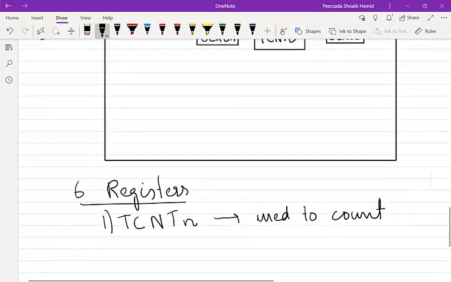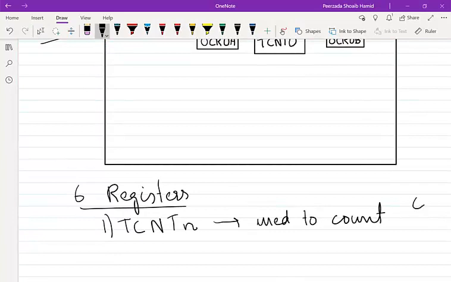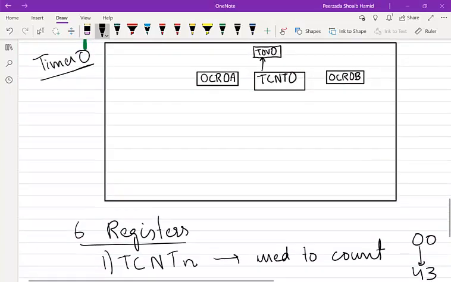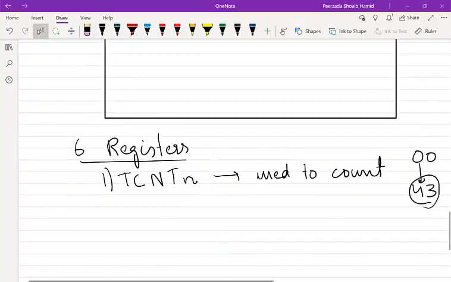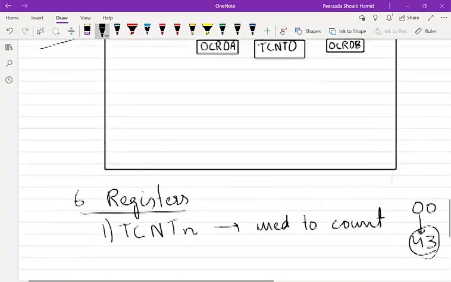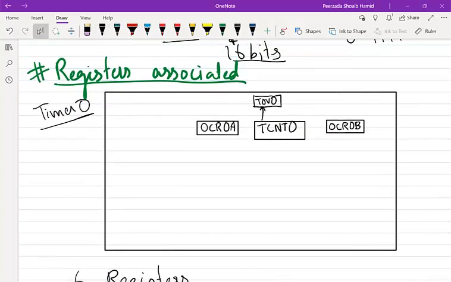For example, if I want my timer to count from 00 up to 43, I will load this 43 in one of these output compare registers, and after every tick my timer will compare its contents with these output compare registers, and if it has reached the value present inside them, it will set a particular flag.